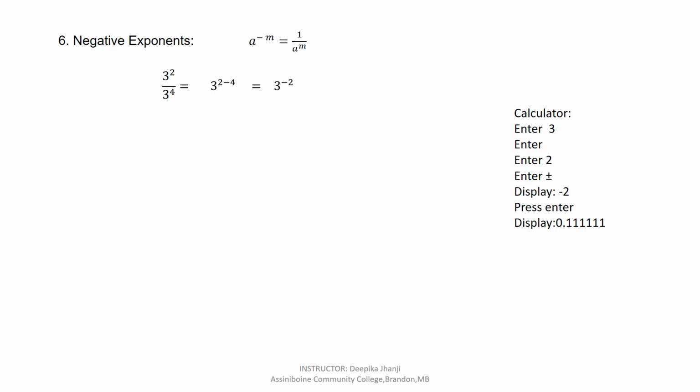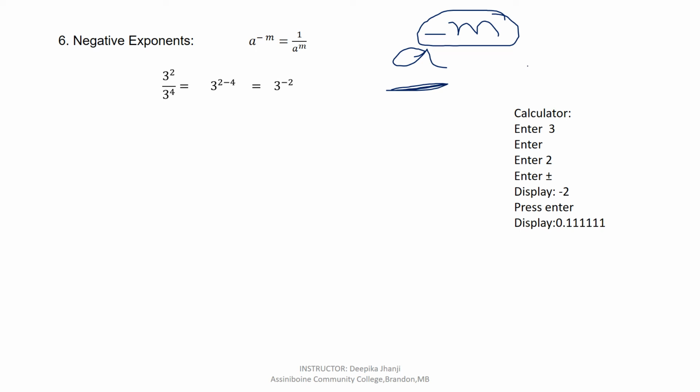Okay, next law is negative exponents. This law says if you have negative power, to calculate it, just flip the base. Just flip the base and the power will become positive, right? Let's say you have a raised to power negative m. To make this exponent positive, what you can do is just flip the base.